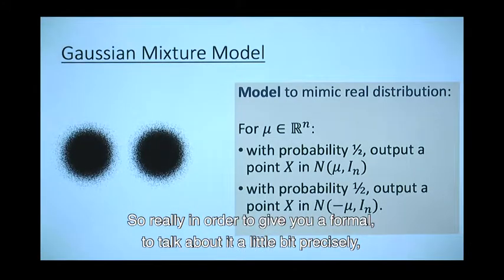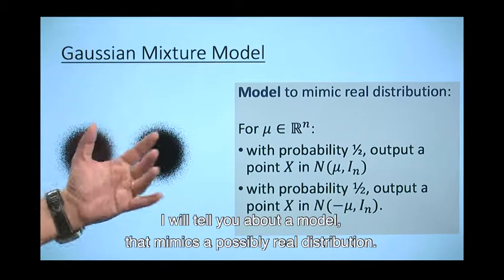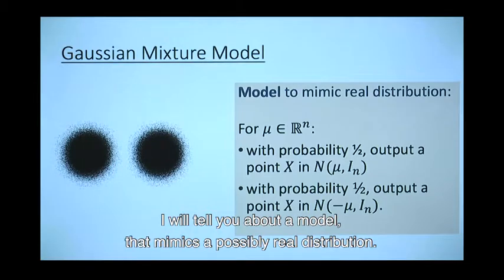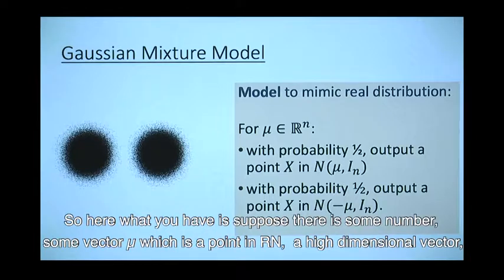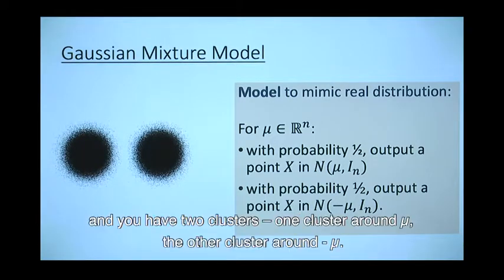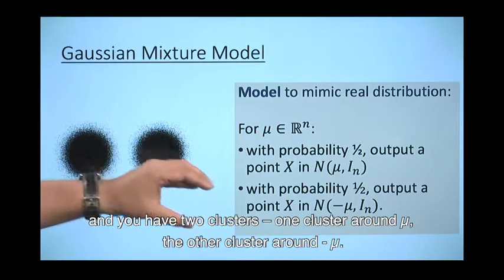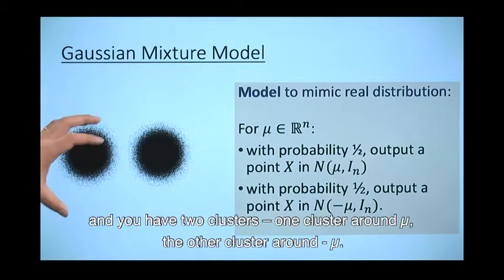So, in order to talk about it a little bit precisely, I will tell you about a model that mimics a possibly real distribution. This is called the Gaussian mixture model. Suppose there is some vector mu, which is a point in R^n, a high dimensional vector, and you have two clusters, one around mu, the other around minus mu.